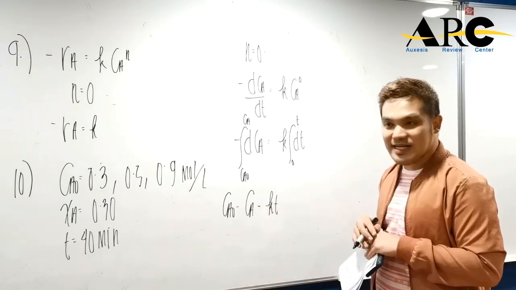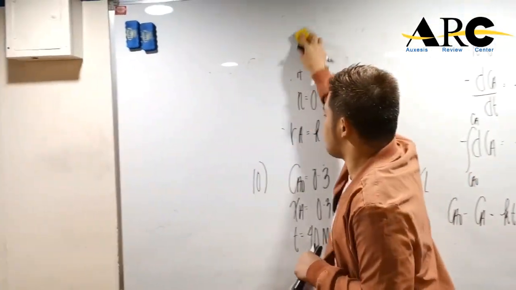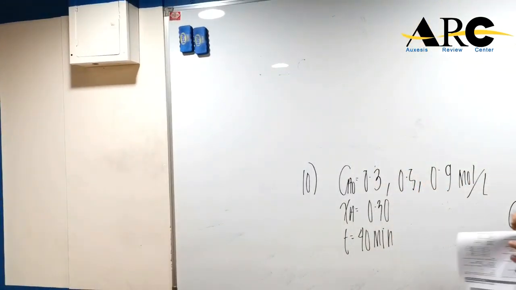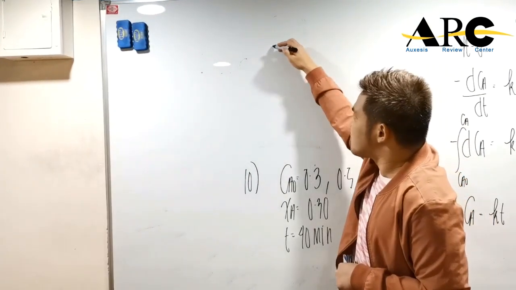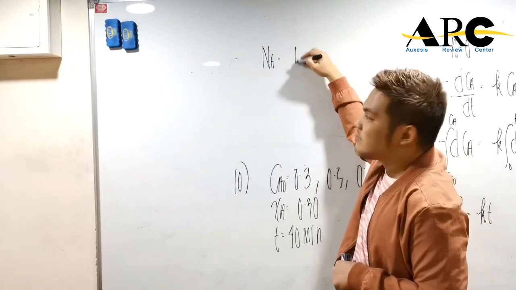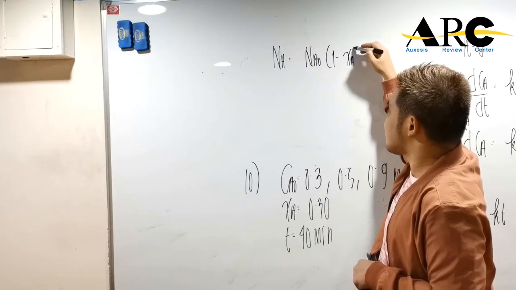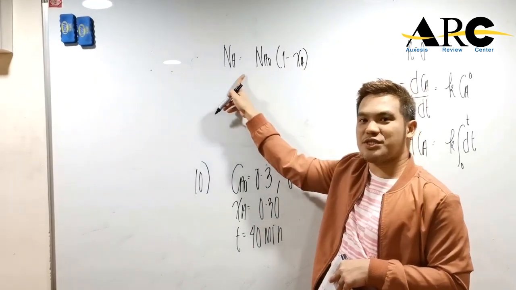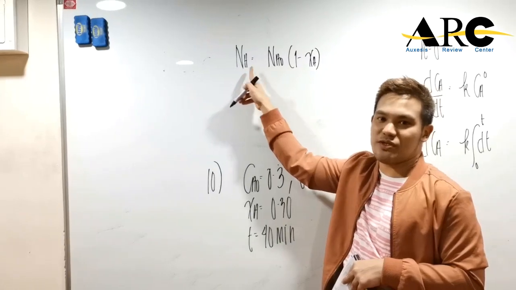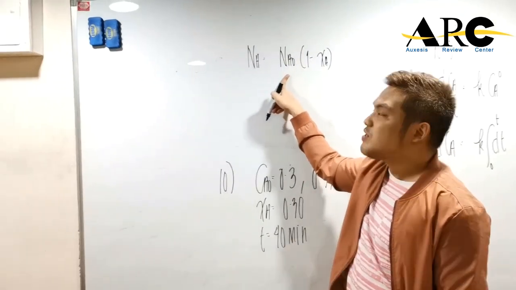So naalala niyo ba kanina, once na nag-react yung A, so NA is equal to NA0 times 1 minus XA, di ba? Ito yung relationship ni initial concentration kay final concentration. Pinakita na rin naman natin to sa handout nyo.